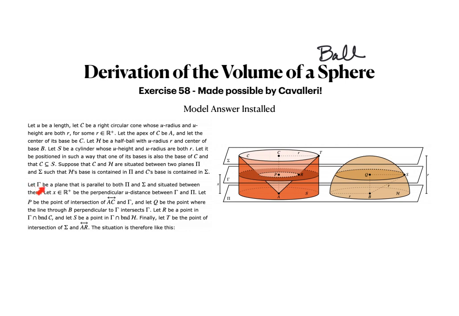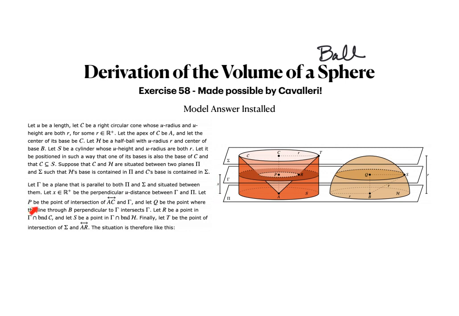Now we're going to let gamma be a plane that is both parallel to sigma and pi and situated between them. So you can see gamma is right here, and it's taking a cross section of my figure with the cone and cylinder, and also of my half ball. Now we're going to let x, a positive real number, be the perpendicular distance between gamma and pi. So the distance between gamma and pi is x.